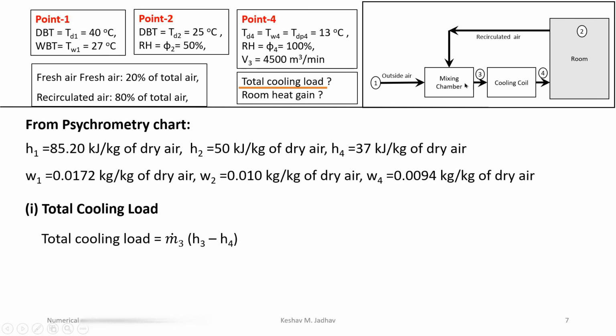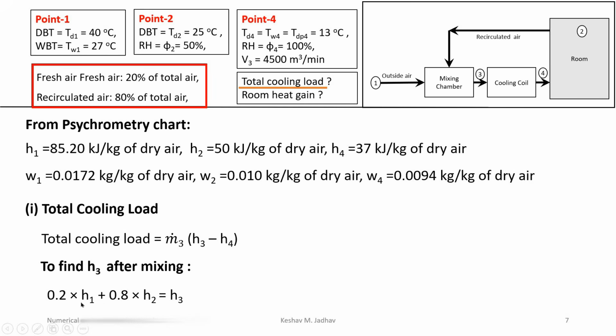To calculate enthalpy at point 3, which is after mixing the fresh air and recirculated air, we have fresh air 20% of total air and recirculated air 80% of total air by weight.